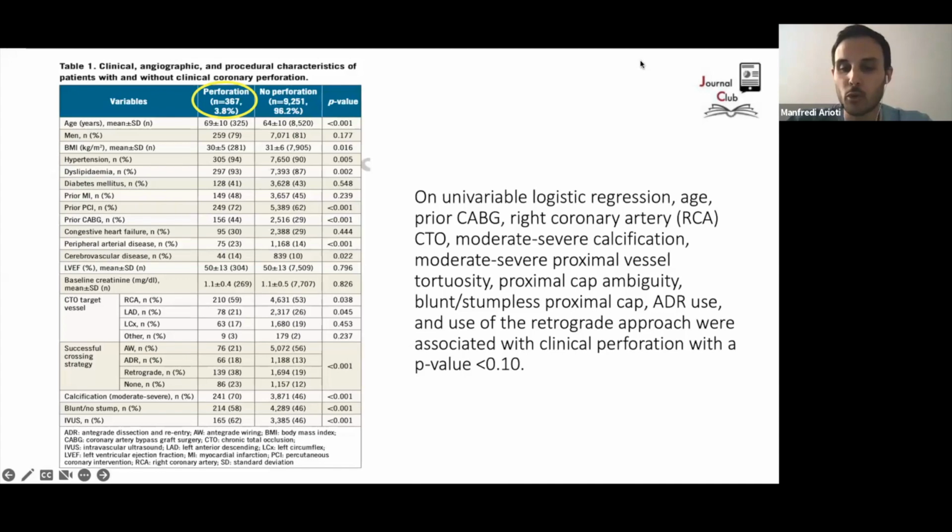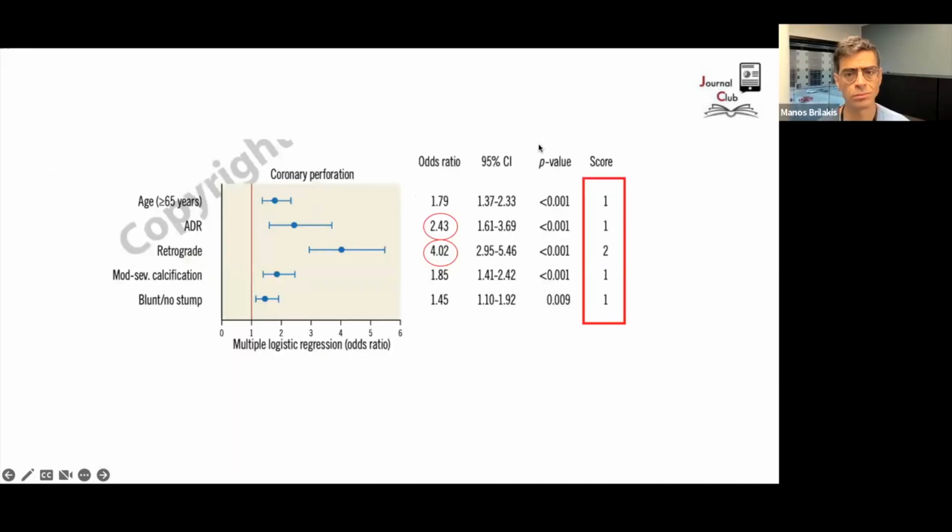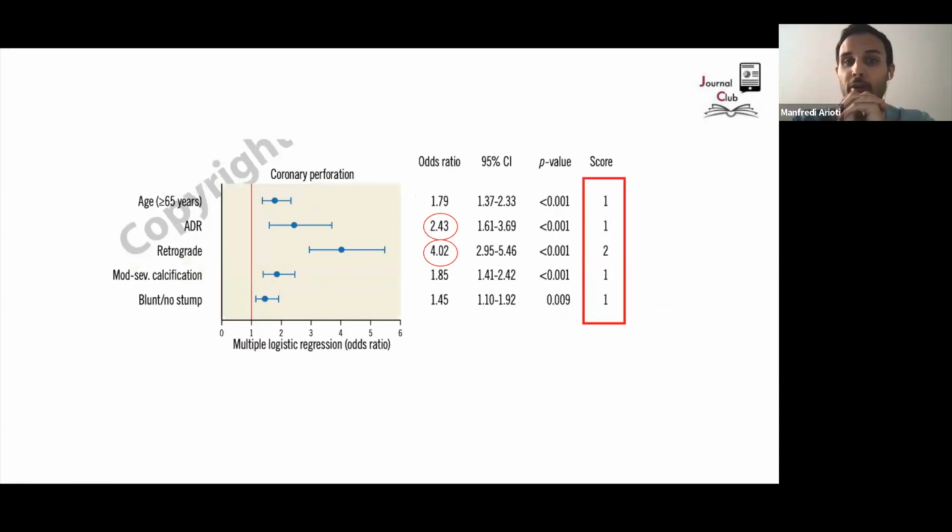Starting from these variables, which were statistically significant on univariable regression, they were included in a multivariable logistic regression with backward elimination. From this analysis, the actual score and the factors associated with the risk of perforation, which were significant in multivariate analysis, were derived.